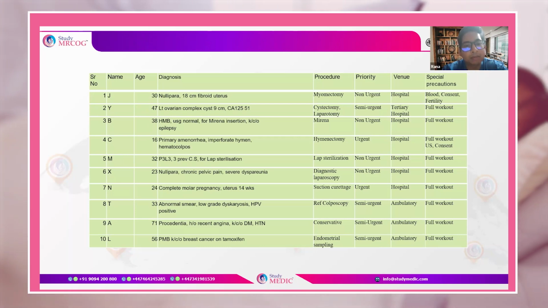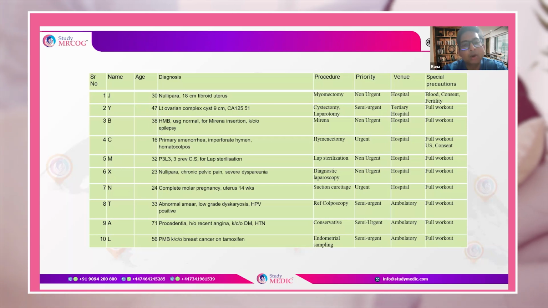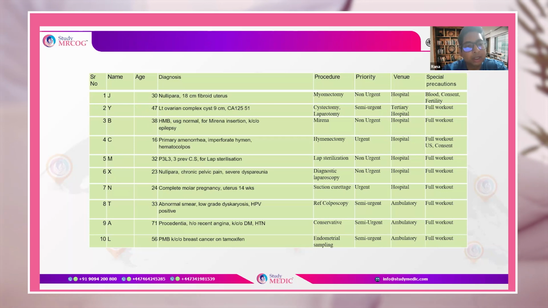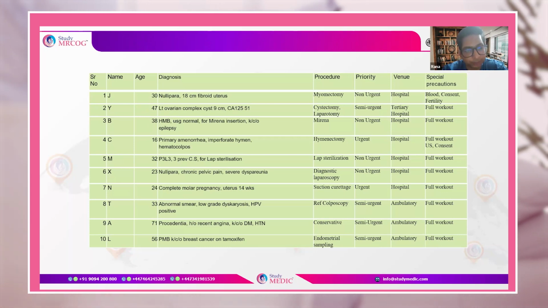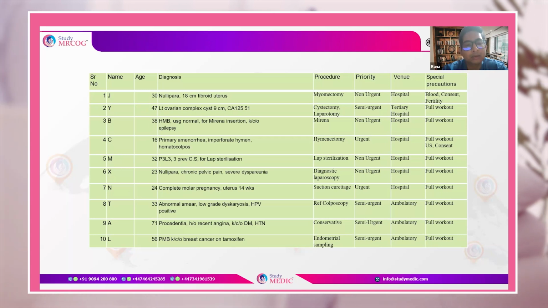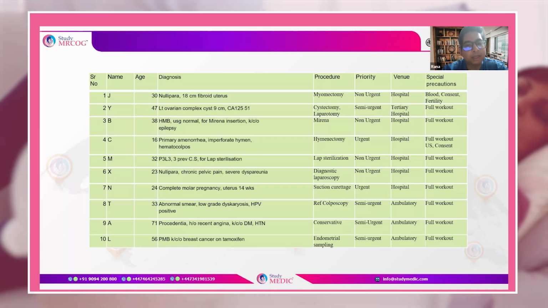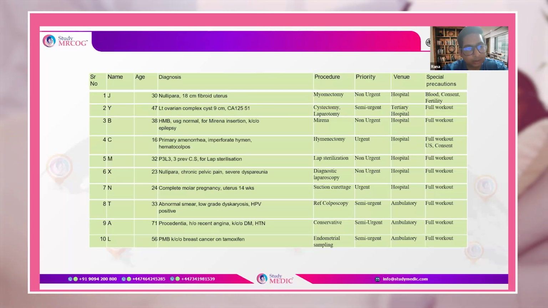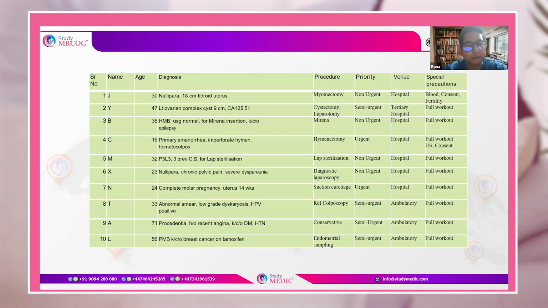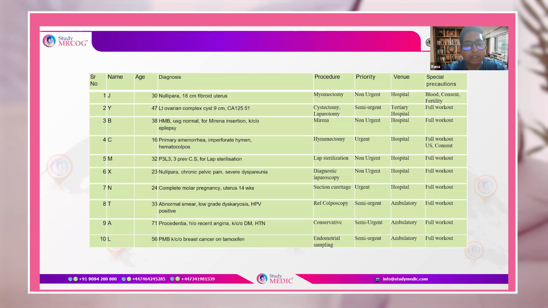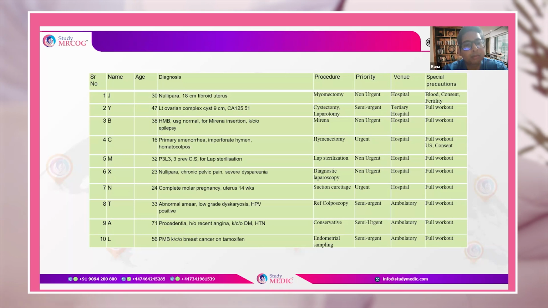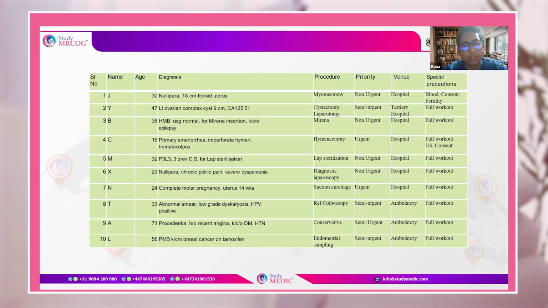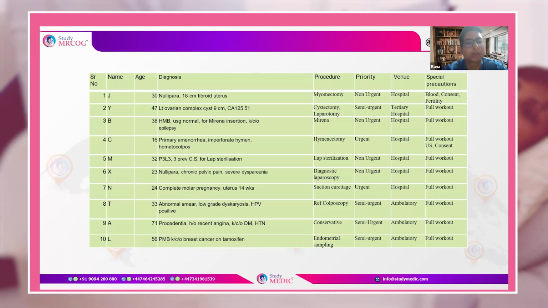So procidentia can be managed conservatively, or in these cases you can do colpocleisis also if it's not manageable with the pessary. Colpocleisis is a very good option in an old, frail woman who has multiple comorbidities. But colpocleisis, remember, also requires inpatient management. But in cases where you can provide management or temporary relief with a pessary, you can do it in ambulatory settings also.